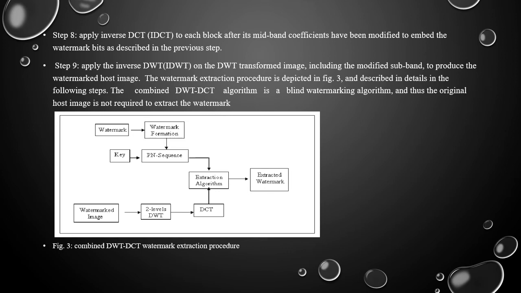We apply the two-level DWT to the watermarked image, then apply the DCT. Again, the watermark formulation happens. Then from that we get two pseudo-random sequences. Then it goes to the extraction algorithm, and finally we get the extracted watermark.